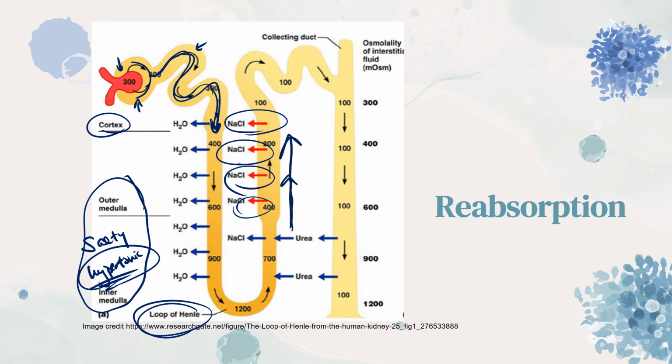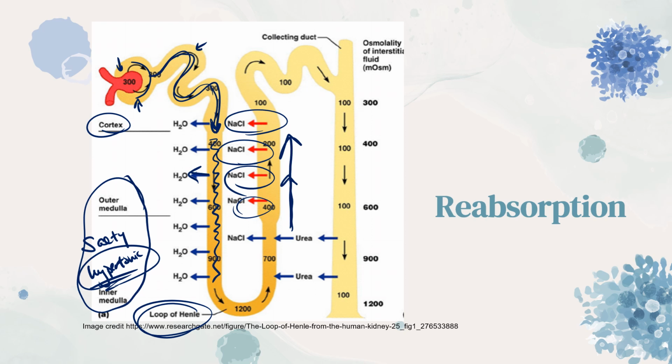So the ascending loop, the part of the loop of Henle that goes up to the distal convoluted tubule, is going to actively transport sodium chloride out and into the medulla, and that makes the medulla super salty. And now I have a hypertonic environment in the medulla, and water in the descending loop of the loop of Henle is going to, via osmosis due to osmotic pressure, move out also into the medulla.